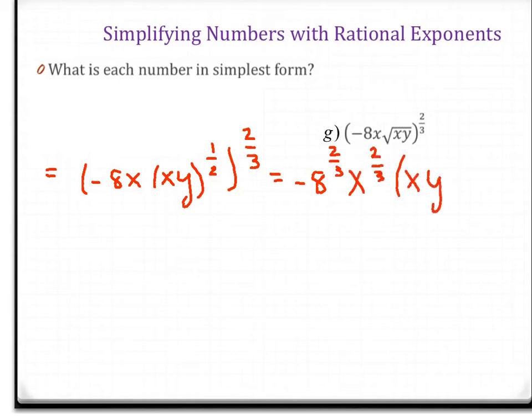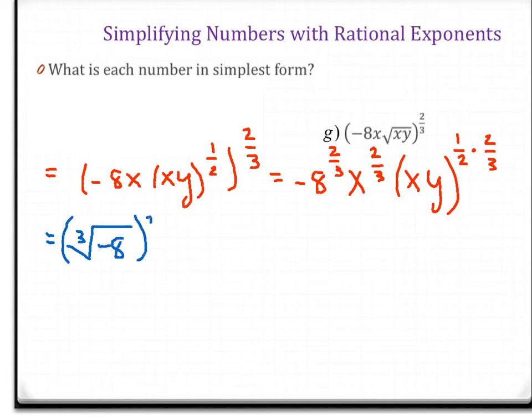Now remember, when we do xy to the 1/2, you multiply times the 2/3. So simplifying that, well, now we can see that we're going to have a -8 to the 2/3, which is the same as the cube root of -8 squared. Then I'm going to have the cube root of x squared, and then these guys will simplify to just simply 1/3 power.